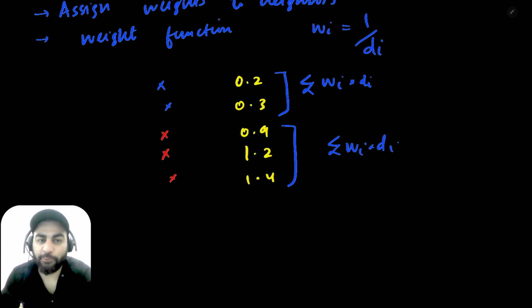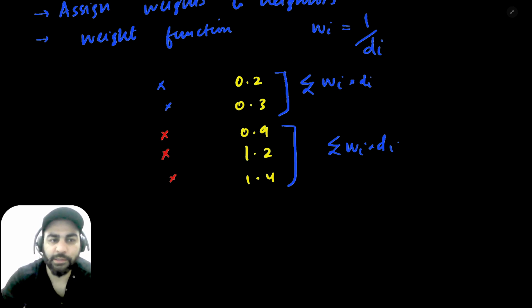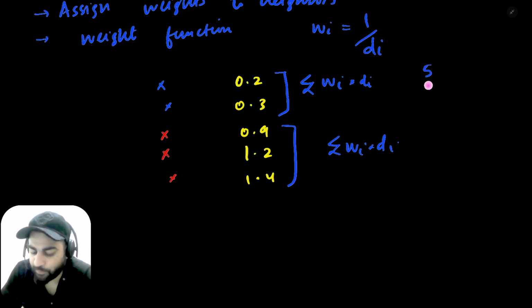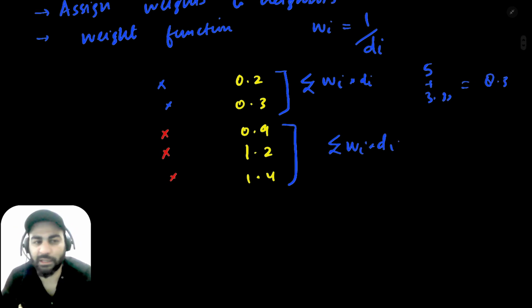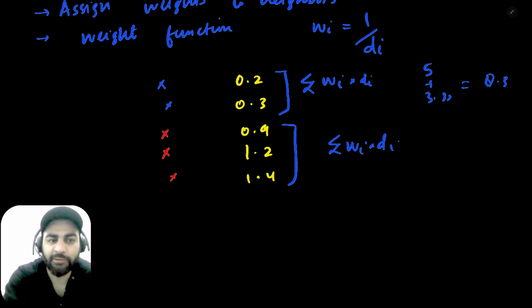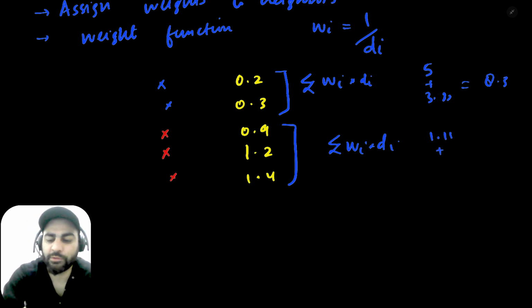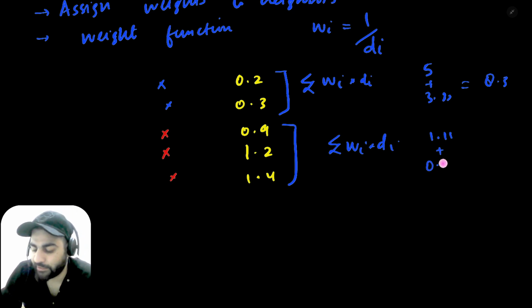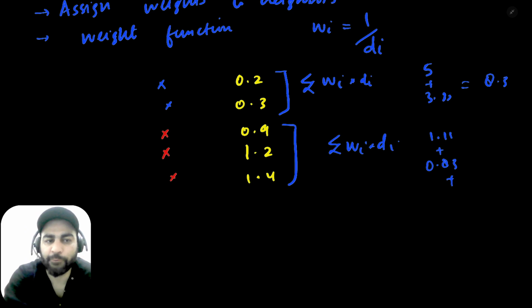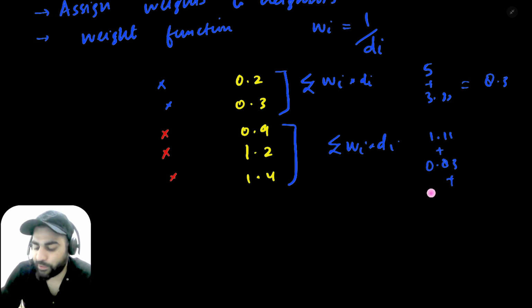Now if we say 1 divided by 0.2, how much is this? This is equal to 5. Then 5 plus 1 divided by 0.3, which is 3.33, so this is nearly 8, let's say 8.3. Then we have 1 divided by 0.9, which is 1.11, plus 1 divided by 1.2, which is 0.83, plus 1 divided by 1.4, which is 0.71.